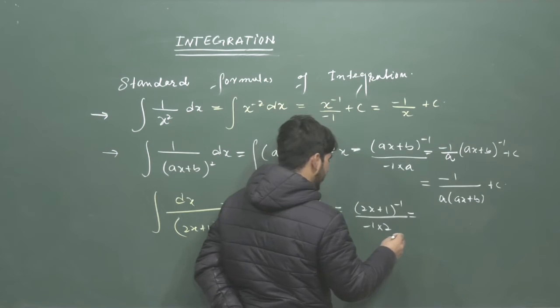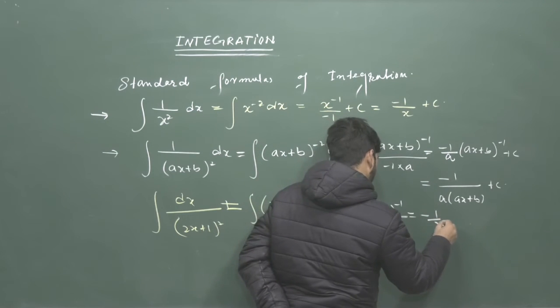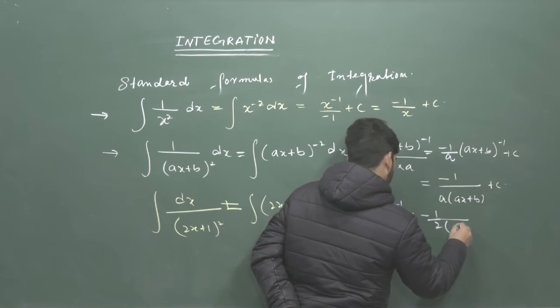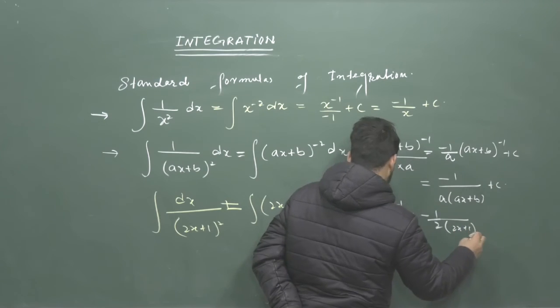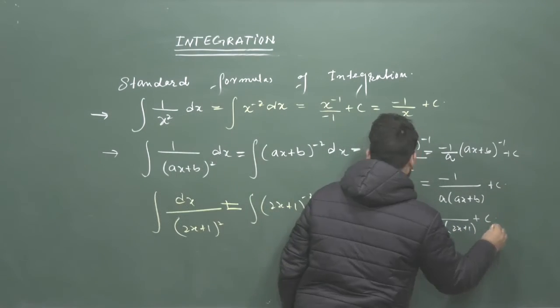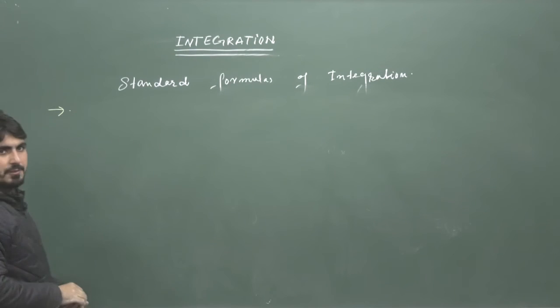So the result is minus 1 by 2 into 2x plus 1 plus c.